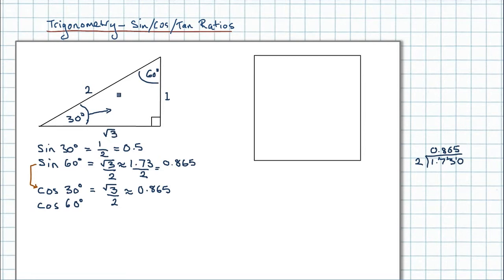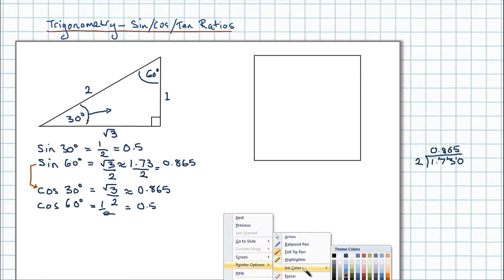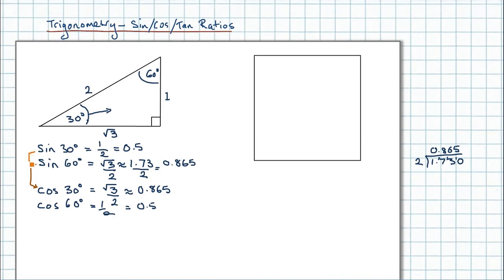So the cos of 60 isn't going to be the opposite over the hypotenuse, it's going to be the adjacent side over the hypotenuse. In other words, 1 over 2. And 1 over 2 doesn't approximately equal, it equals 0.5. Therefore, we've got another match here.